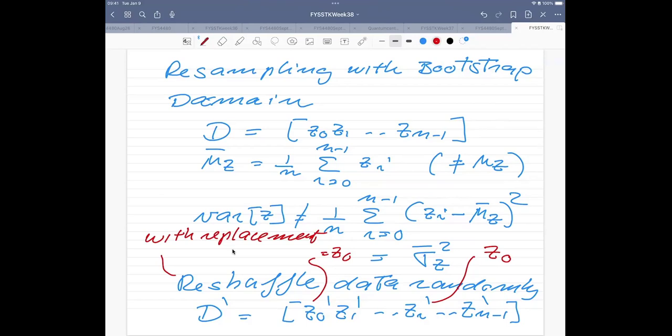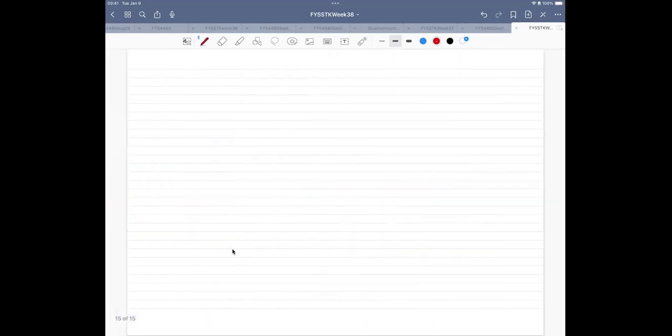So in a way, we are taking the same numbers, but we're just reshuffling them and pretending that this is a new sequence of numbers. Then what we will do is repeat this B times.